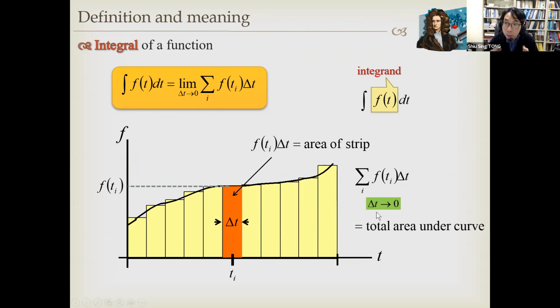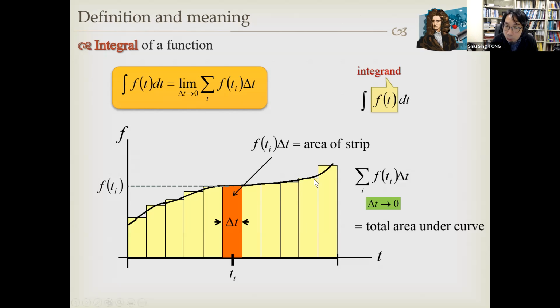But imagine now, if I let delta t tend to 0, if I consider the area to be made up of a lot of those strips, and the width of each strip tends to 0, they are getting very close together.